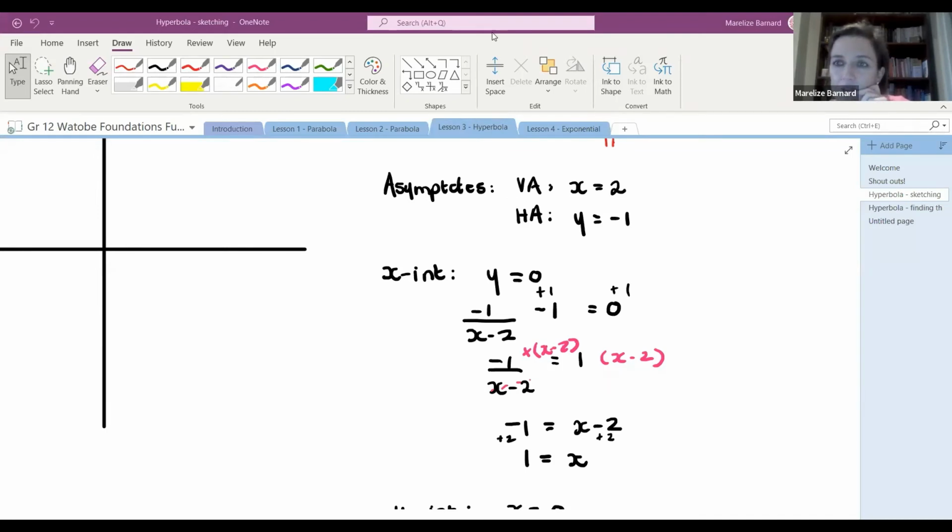Kolise, I think you must just check your calculations for your x-intercept. I have put it up on the screen. We did take the -1 to the other side and it became a +1, and then we multiplied with x minus 2, and then we took the -2 back over to the left-hand side, and -1 plus 2 is 1.